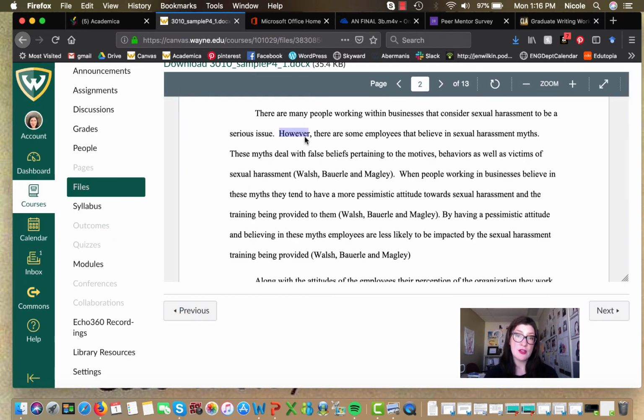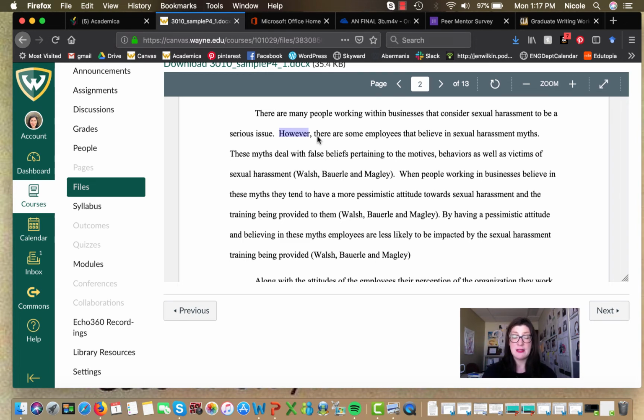And this is a great transition word that helps to set that up. However, so if we already see in the research that several people are talking about the topic, in this instance, sexual harassment, this however word signals to the reader that you're moving into something different.